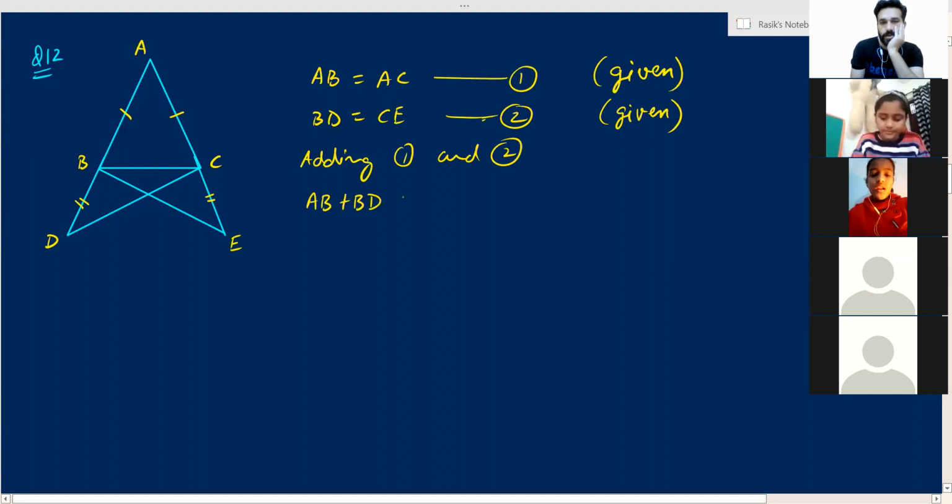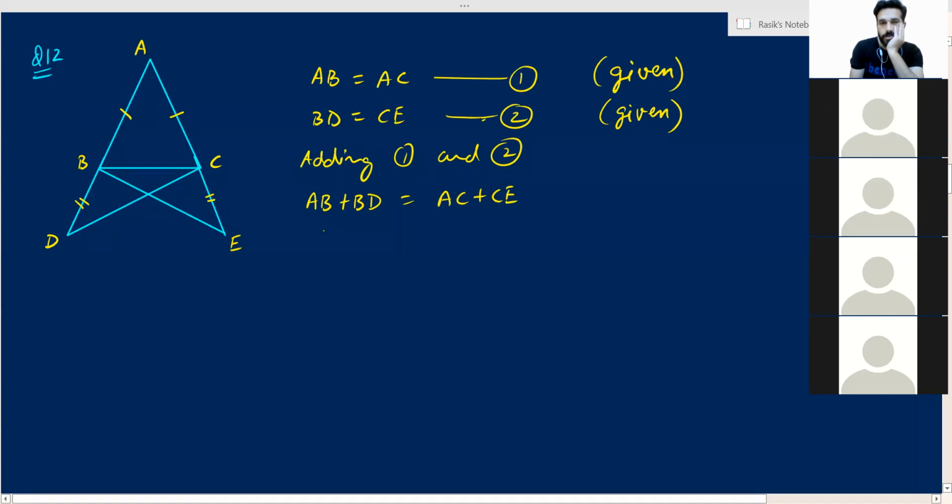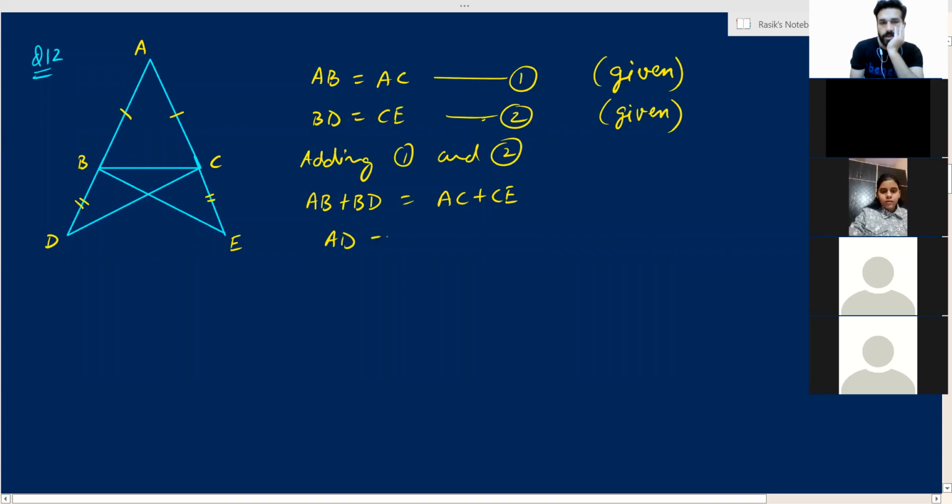AB plus BD will give you AC plus CE on the RHS. So AB plus BD, what will it make? If you add the length of AB and BD, you will get AD. And if you add AC and CE, you will get AE, right? So AD is equal to AE.